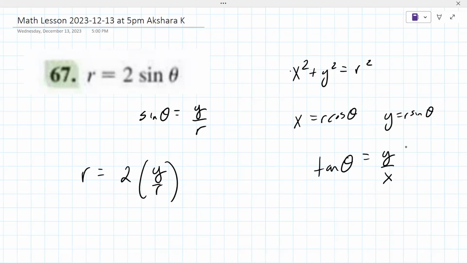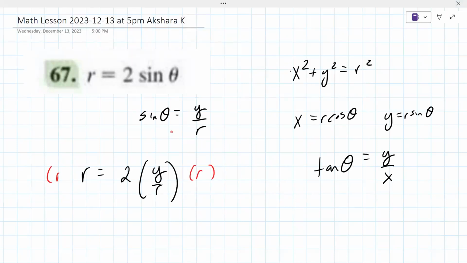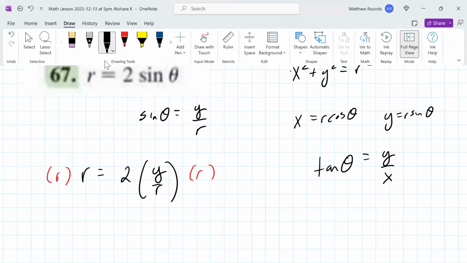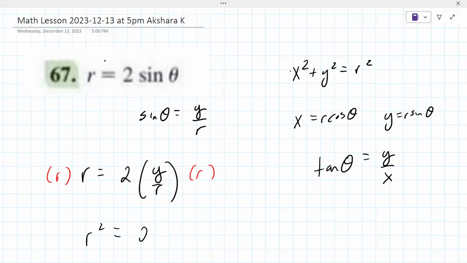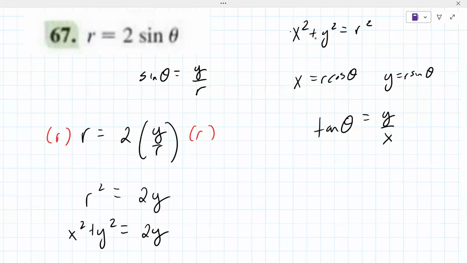Now if you multiply both sides by r, you get r squared equals 2y. Well, what is r squared? r squared is x squared plus y squared, equals 2y. Is that okay? Yeah. And this is where it gets into, well, what does your teacher want?